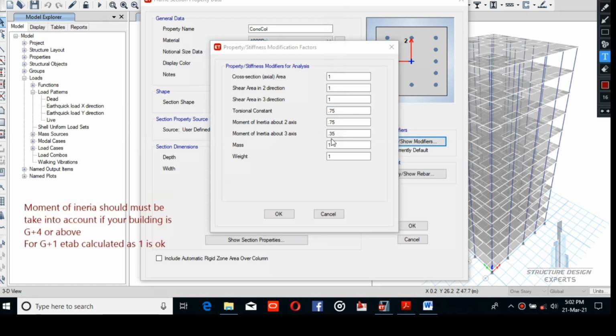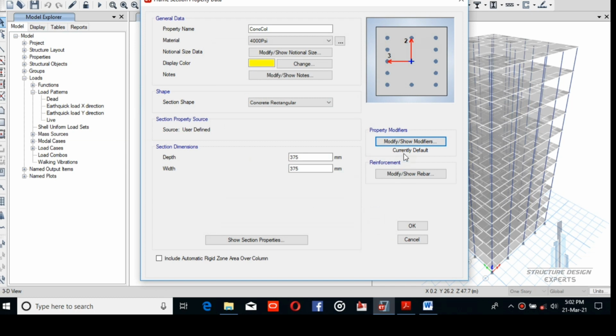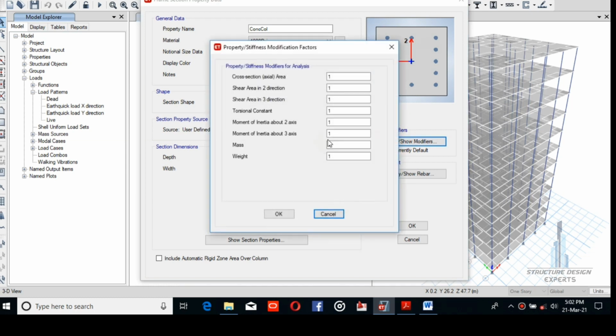Because the moment of inertia must be taken into account if your building is G plus 4 or above. For G plus 1, ETABS calculates it as 1, so no problem. Up to 3 there is no complication. Therefore you should enter the value if your building is more than G plus 4. So it is the easy way to understand where we should enter the moment of inertia.